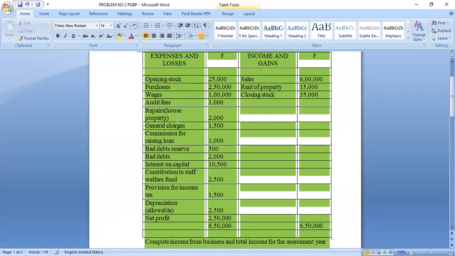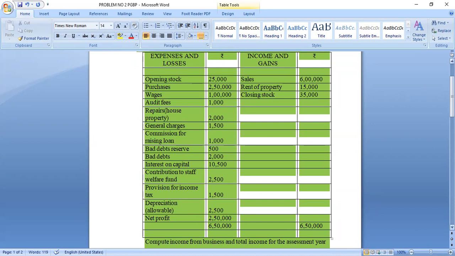Next, bad debt reserve. Remember, reserve is an anticipated loss. Any provision is an anticipated loss. All anticipated losses you should disallow. You have to add back those expenses. That is not allowed. Why? Because it is an anticipated loss. Reserve means anticipated losses.